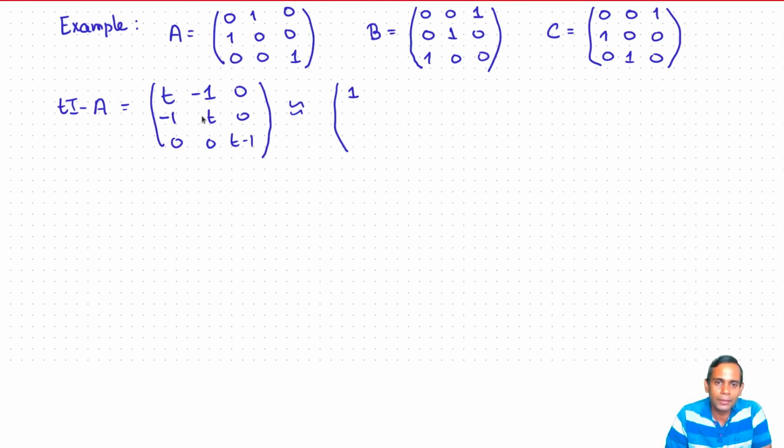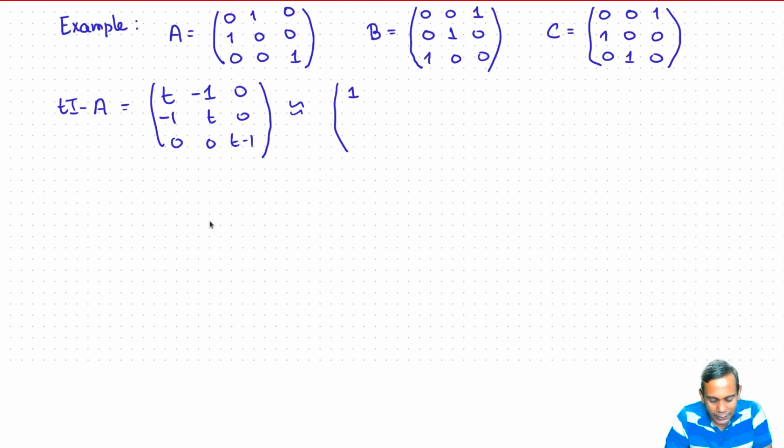actually 9 2 by 2 minors here, and many of them are 0, but if you just go through them carefully, you'll see, for example, if you take the second and third rows and the first and third columns, then you get this minor, 1 into t minus 1. So you get minus t minus 1. So t minus 1 turns out to be the GCD of all the 2 by 2 minors.